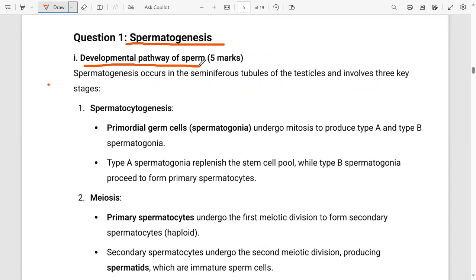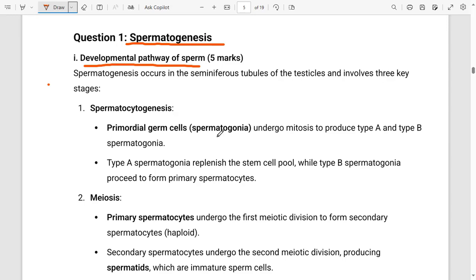The first one is where we are producing spermatogonia, and then we're also producing the primary spermatocytes. The first step is the primordial germ cells, which are what we call the spermatogonia.